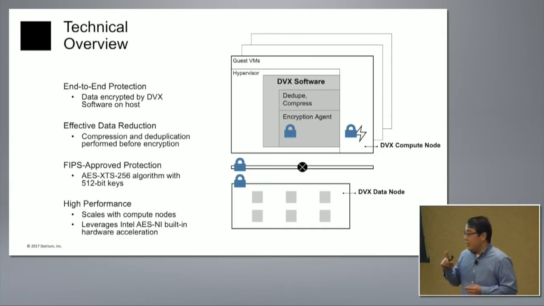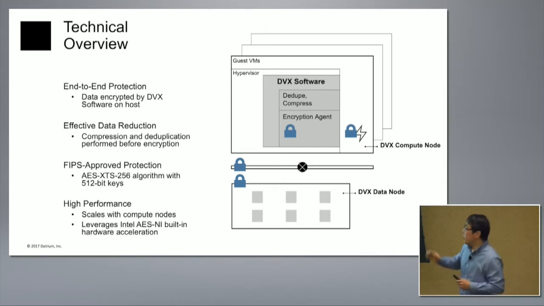In the Datrium architecture, we have DVX software running on each of the hosts. They can be a Datrium compute node or any other host, any other servers that you attach to your environment. This software is what we use to perform the Datrium Blanket Encryption.